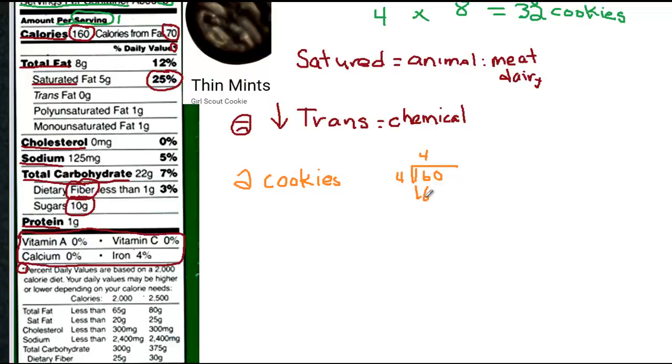That gives me my 16. 0, bring my 0 down. 4 goes into 0 0 times, and that's it. That tells me that there are 40 calories in 1 cookie. So if I eat 2 cookies, it would be 40 times 2. That would be 80 calories.